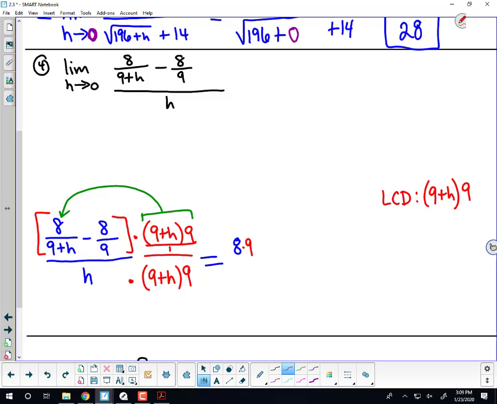Okay, minus our second term up top will be what? Well, this time the 9's cancel, don't they? And we just have the 8 times the quantity 9 plus h.